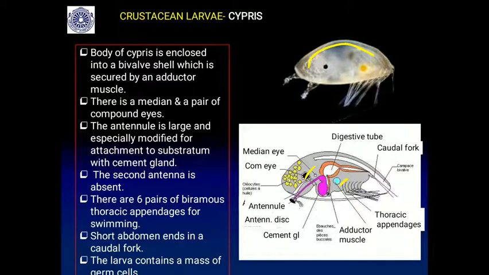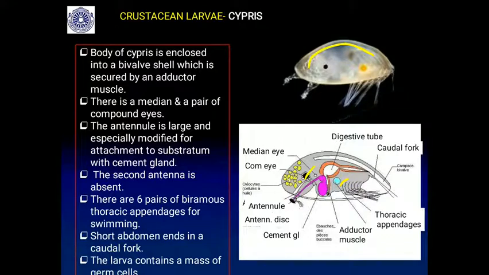Remember, when it metamorphoses into an adult, it loses the eyes, but in the larval stage you will see compound eyes because it's a free swimming larva. As it metamorphoses into an adult, it will become sessile, attached to some substratum, either the rock or wooden logs or boats, in the case of ship barnacle.